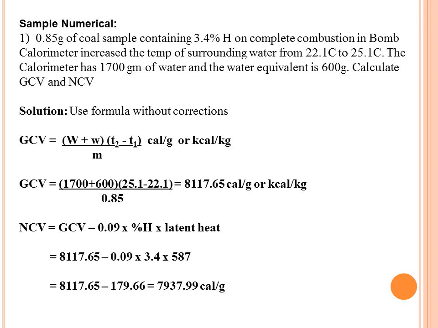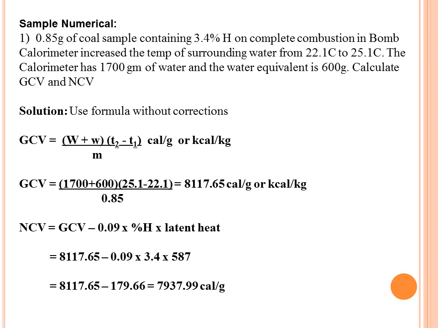Now if we want to calculate the NCV, then our formula is GCV minus 0.09 × percentage of H × latent heat. If latent heat is not given separately, then we have to consider 587. Here 3.4% of hydrogen is given.